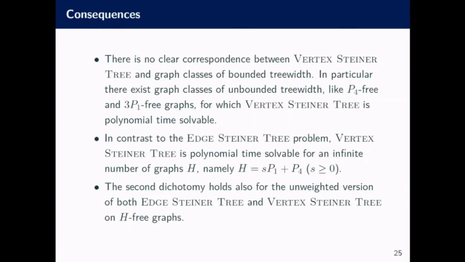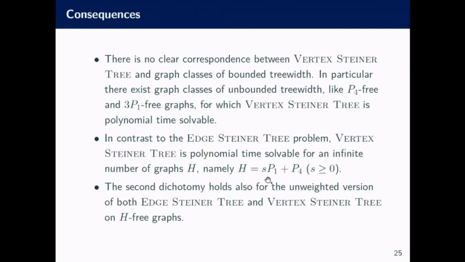In contrast to edge Steiner tree, where when restricted to H-free graphs, we had only two trivial graphs H where the problem was easy, now we have an infinite family of graph classes for which the problem is hard.